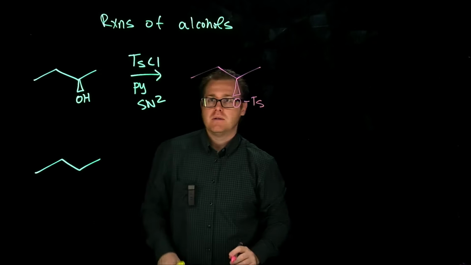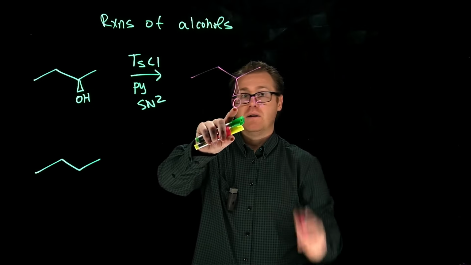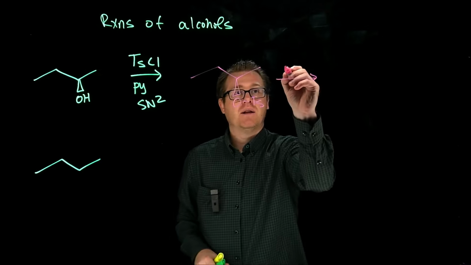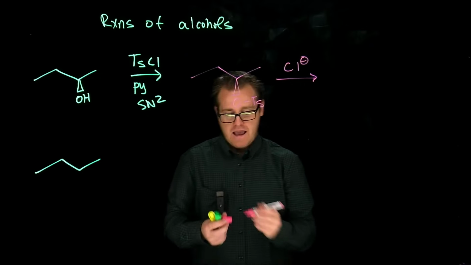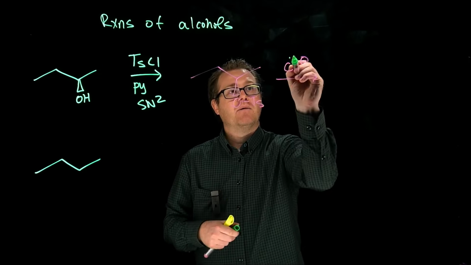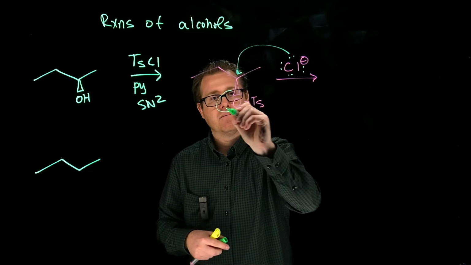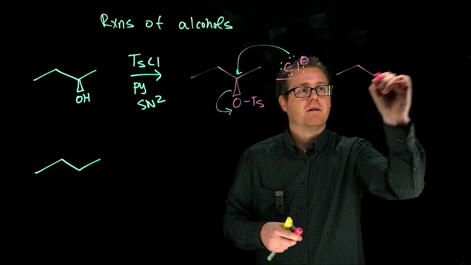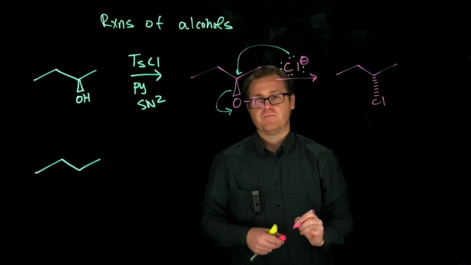And then after you have your good leaving group, then you can treat it with something else, so let's say a chloride ion, and that's going to proceed via an SN2 mechanism. So we will see here that that's going to do backside attack, and then that will generate a product, like so.